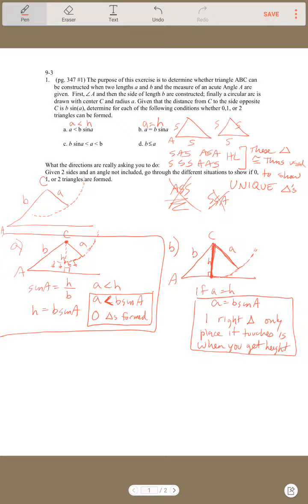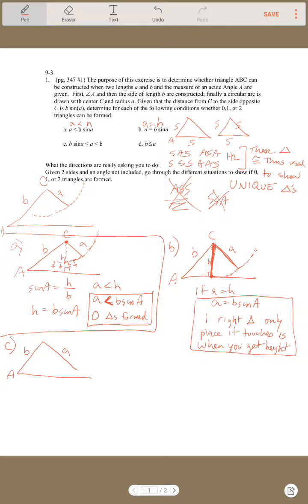In scenario 3, what we see is that B sine A is less than A is less than B. What does that mean? Well, let's draw that. Let's see what's going on there. Let's draw that angle A again. We'll have side B, and then again we're going to have this side A kind of come out.